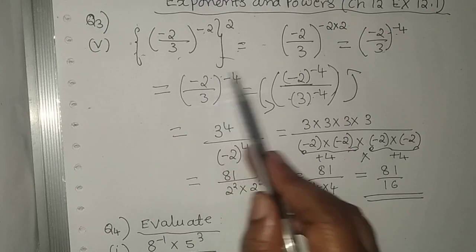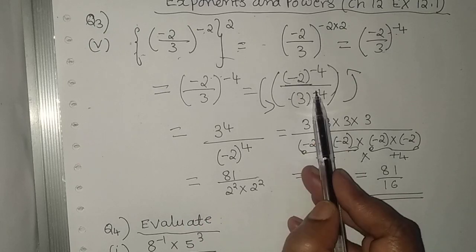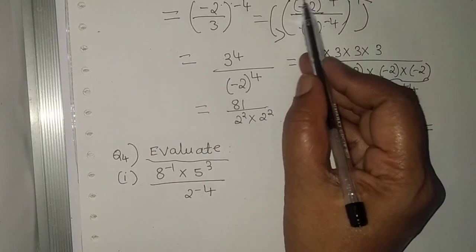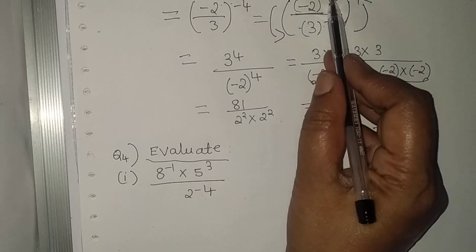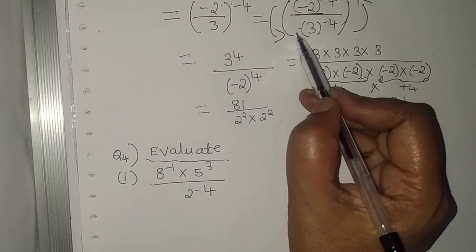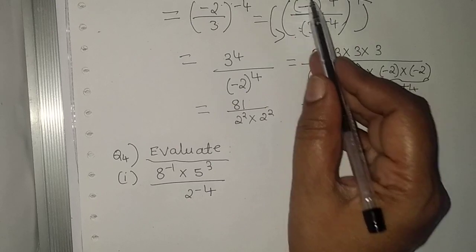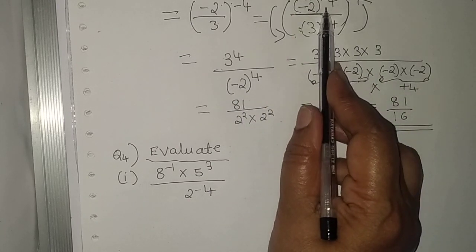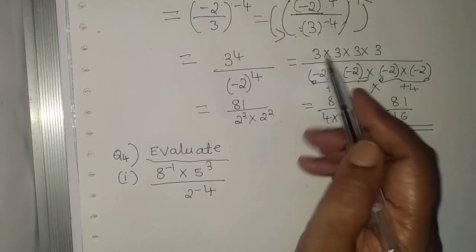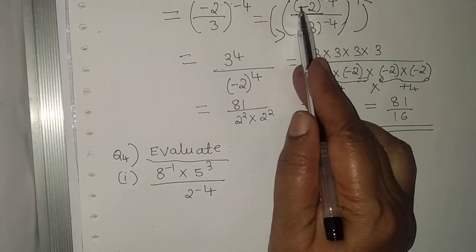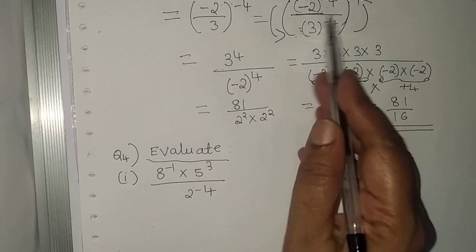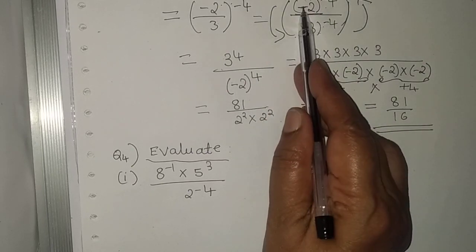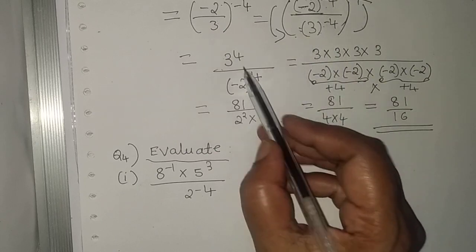Bring it inside the bracket, then this 4 will come to both numerator and the denominator. After this make numerator to denominator, denominator to numerator. So bring this to denominator, bring this to numerator. Then the negative powers become positive, positive become negative. But the sign of the number here will not change. So don't get confused. Here it will not change, it will be as it is.